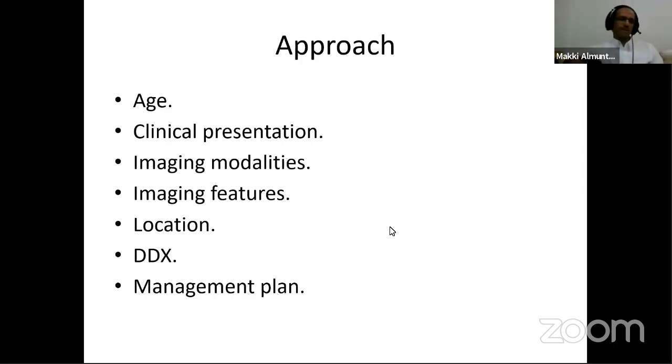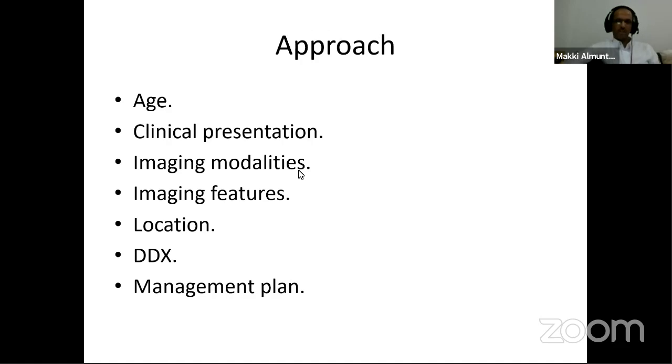Approach to giving a differential diagnosis and diagnosis based on imaging. First, you should consider the clinical history, age of the patient, and clinical presentation. Then the imaging modality. For example, for a patient from the ER, what I usually do is a CT scan without contrast, just looking at what's an emergency there.